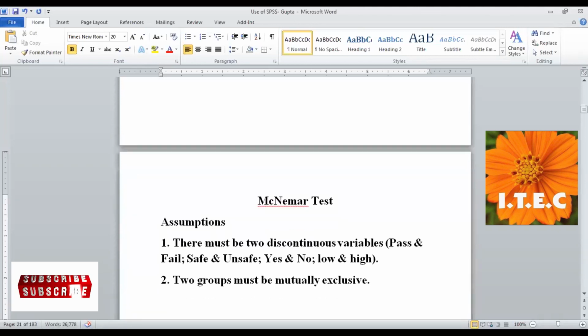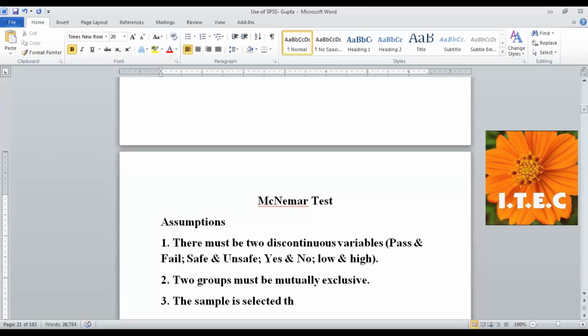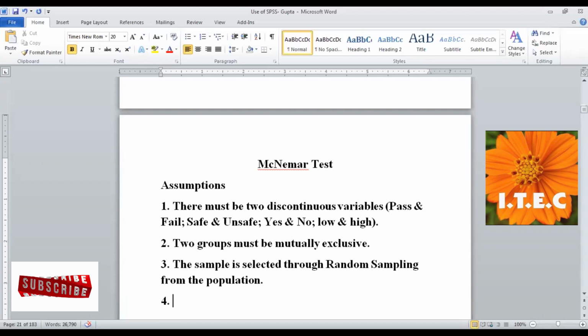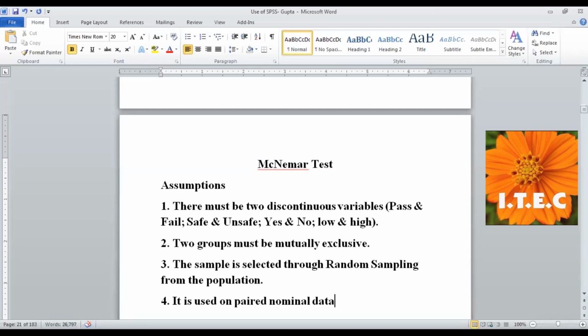Then another is the sample is selected through random sampling from the population. Then another is that it is used on paired nominal data. Once you have pass and fail, the data will be nominal, that means tally.